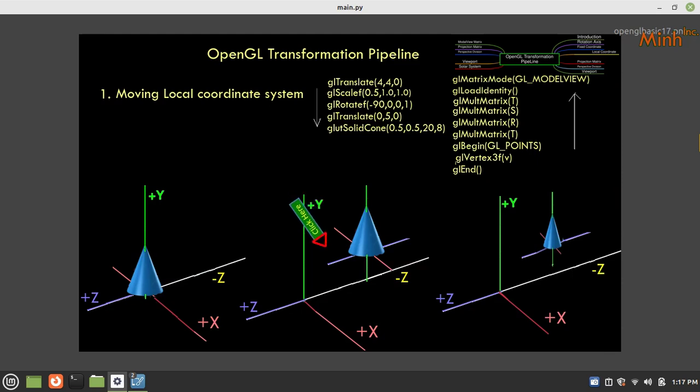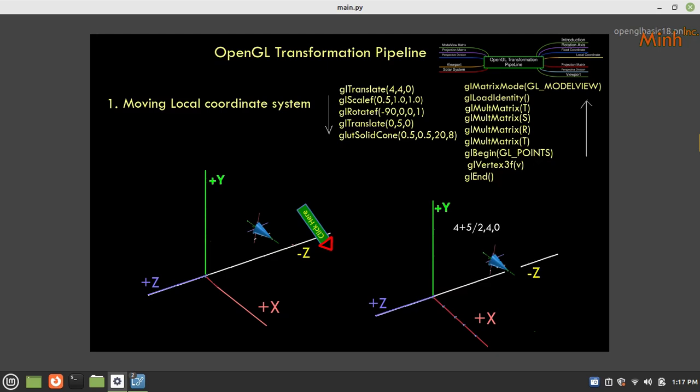Generally people find this approach easy in the sense that they have to think only at the local axis, not at the grand axis. So rotation, translation, and scaling, everything happens in local axis. So this is easy, but this is not the actual computation that happens. But whatsoever, we get the same result.